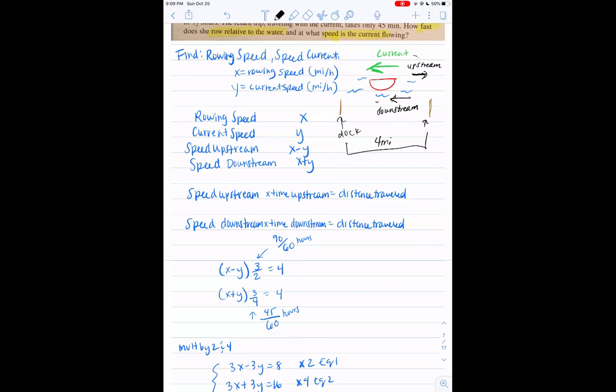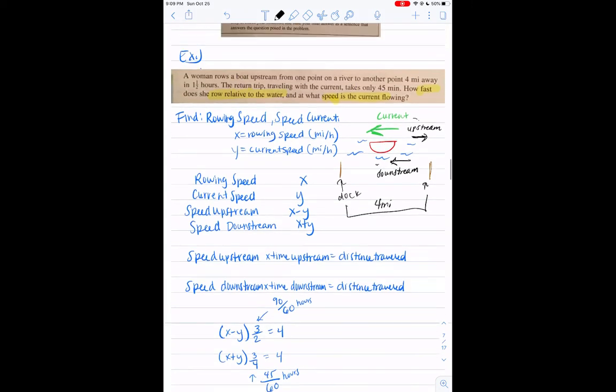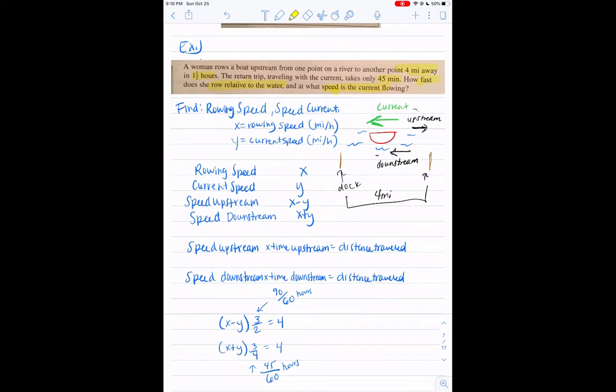My speed upstream times my time upstream is the distance that I travel. That relates all these values together because I'm given time, speed, and distance. My speed downstream times the time downstream is the distance traveled. And I want to find my speed.